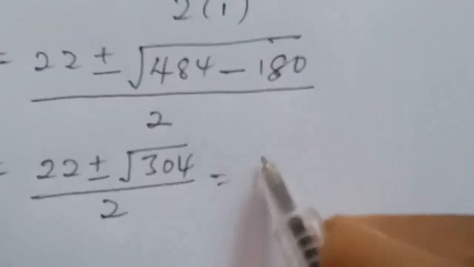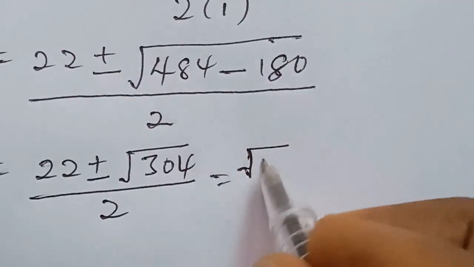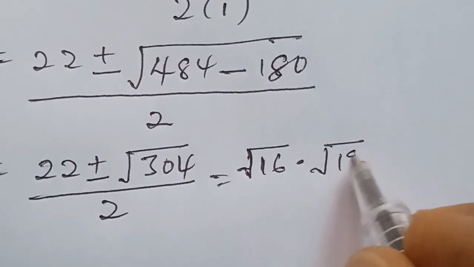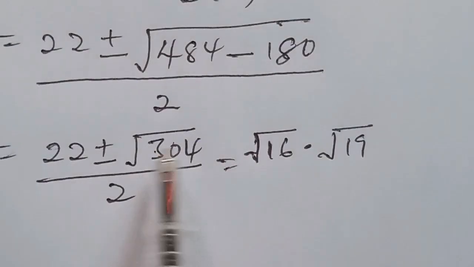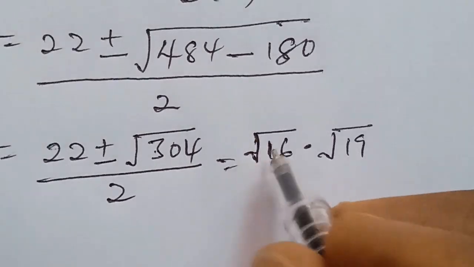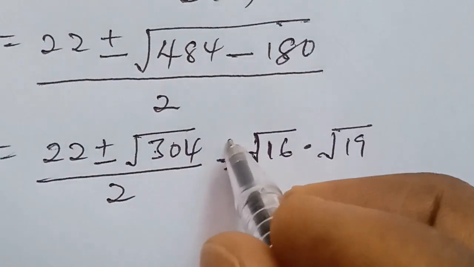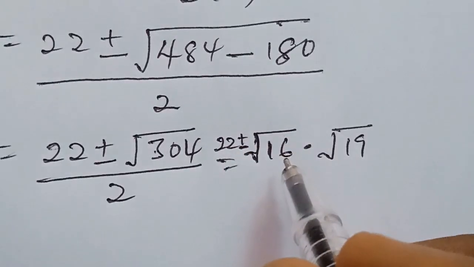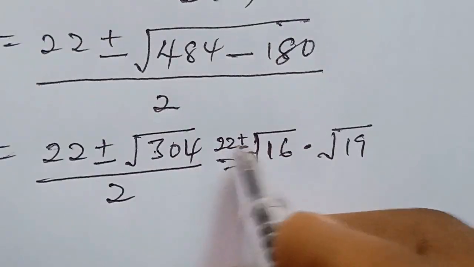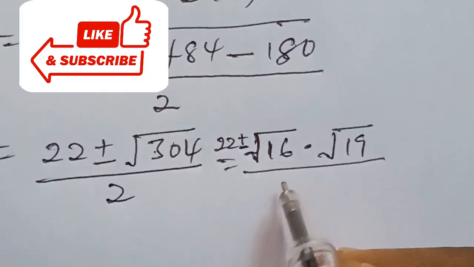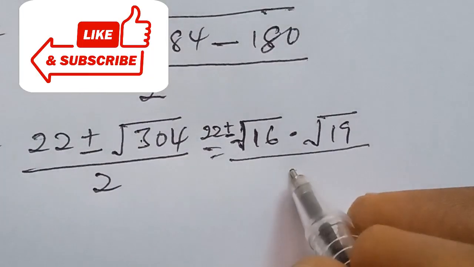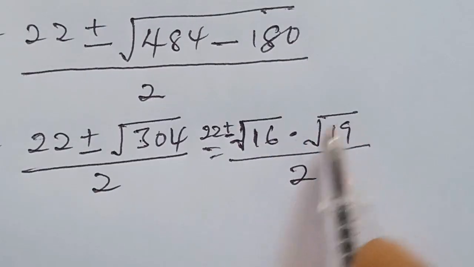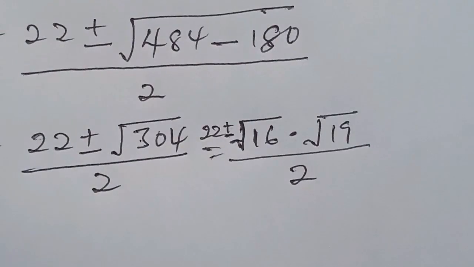So we can now simplify this radical. So we have that to be equal to square root of 16 multiplied by square root of 19. So don't forget we have 22 plus or minus square root of 16 multiplied by square root of 19 divided by 2.